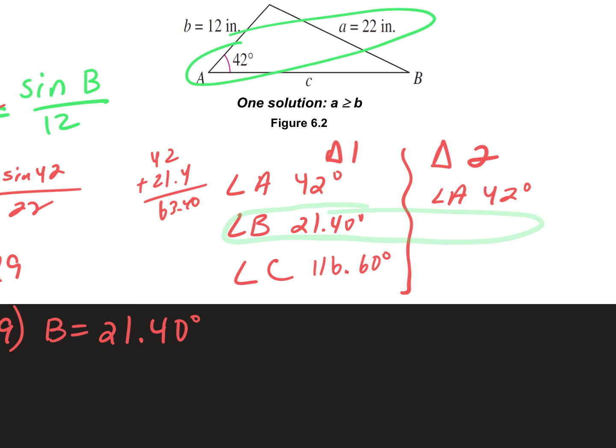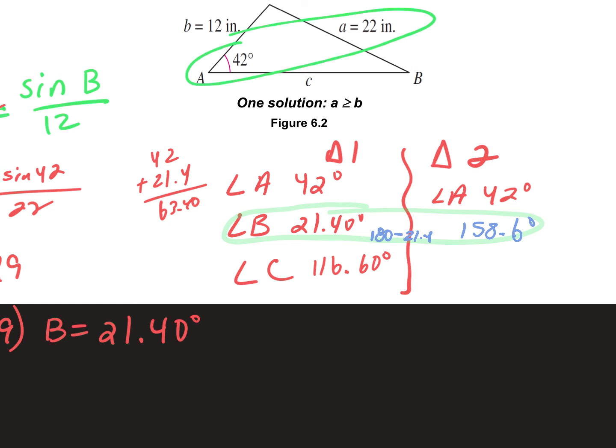So I'm going to say 180 minus 21.4. What is 180 minus 21.4? 158.6 degrees.